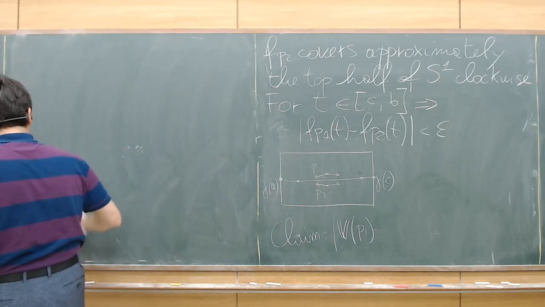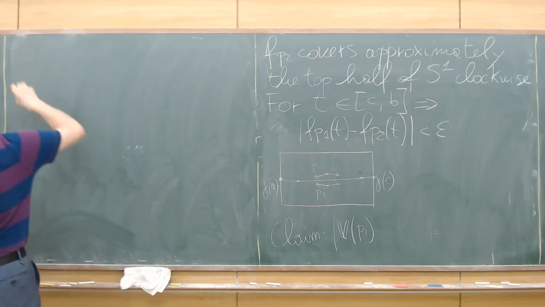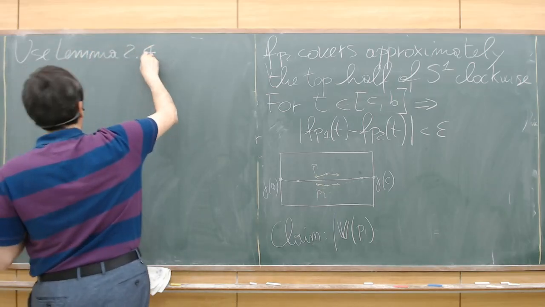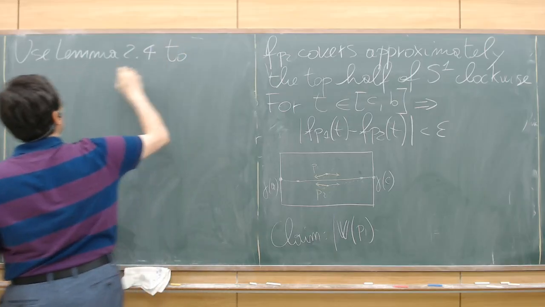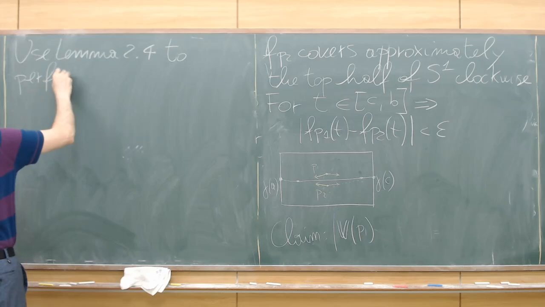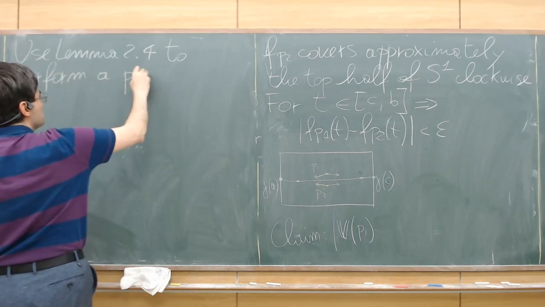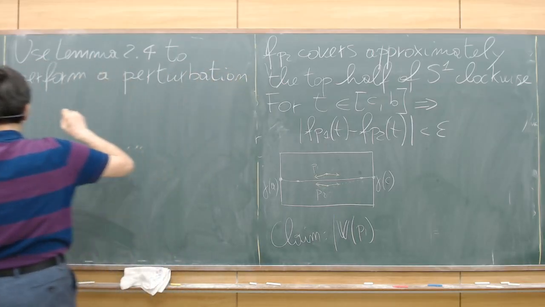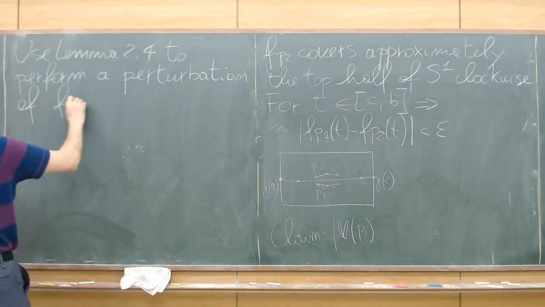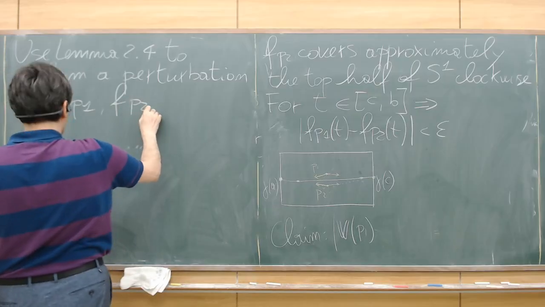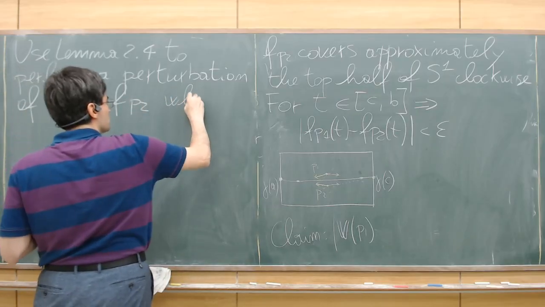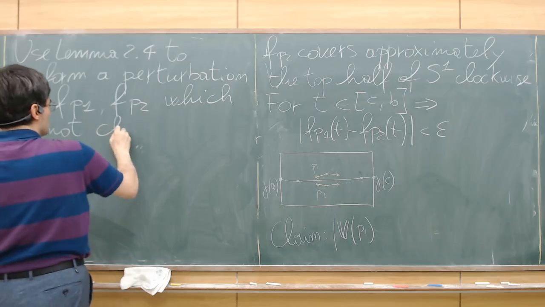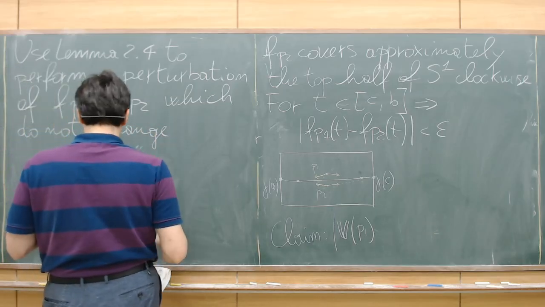The next step is to use Lemma 2.4 again to perform a perturbation of fp1, fp2, which does not change the degree.